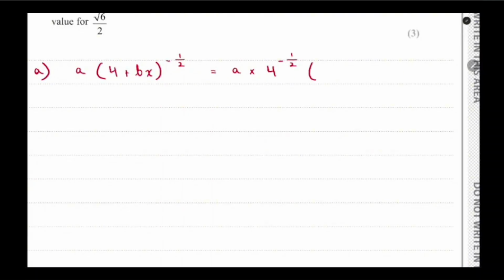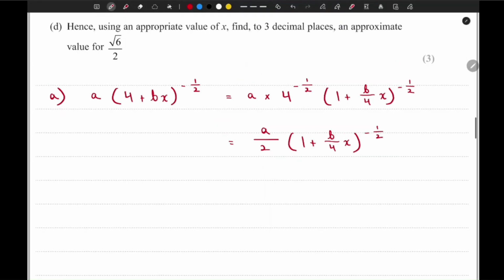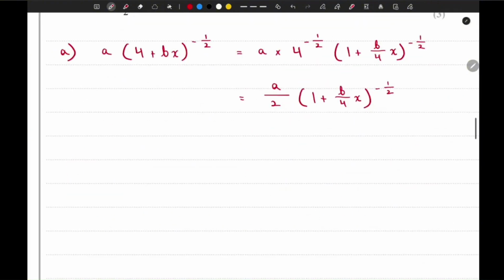So this will be 1 plus b divided by 4x to the power minus half. And we know that 4 to the power negative half will be a divided by 2. So that's 1 plus b divided by 4x to the power negative half. So that is it for the first part of the question.